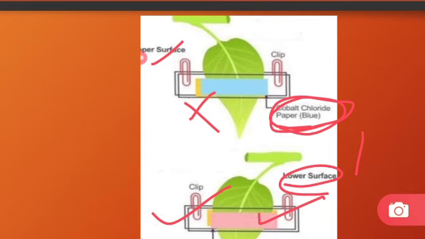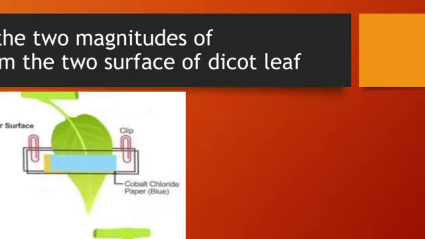So this proves that the number of stomata is greater on the lower surface of the leaf than on the upper surface. Okay.